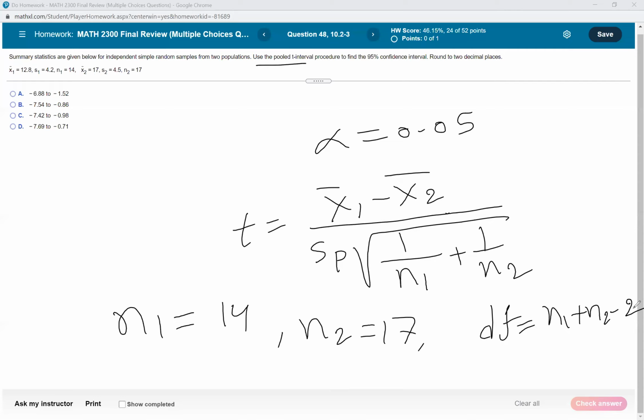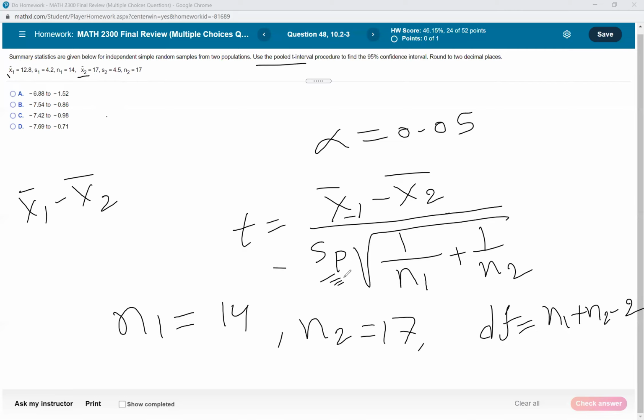So you need to calculate sp. You have x1 bar, you have x2 bar, so you have all the values. Now you just need to calculate sp.